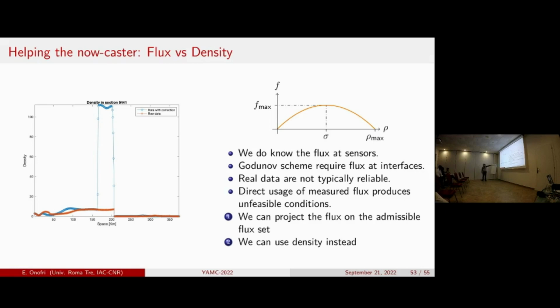So the idea is that if we detect some kind of queue at the sensor, we impose strongly that the density must be at maximum, which is around 110 for this kind of street. We evaluated it in a physical way, and we impose it to be the maximum, so that here the characteristic imposes that no more car can pass.